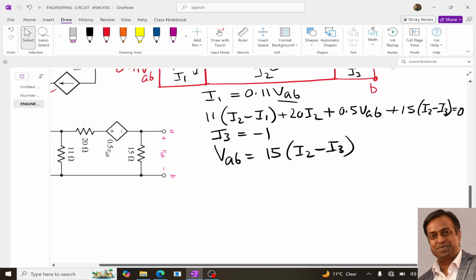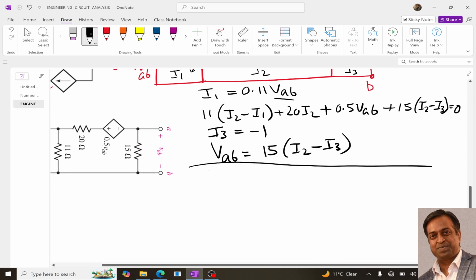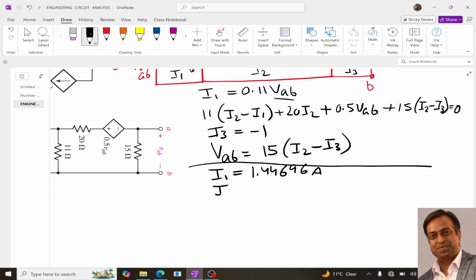So now we have these four equations, and if we solve these four equations, you will get the I1 value as 1.44696 ampere, and I2 will be minus 0.12306 ampere, right?